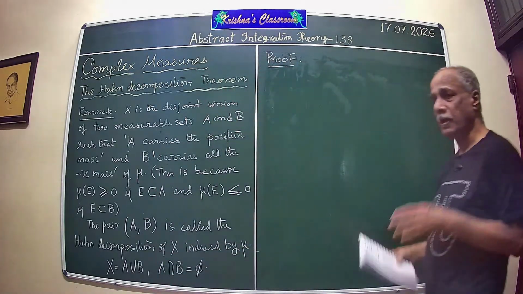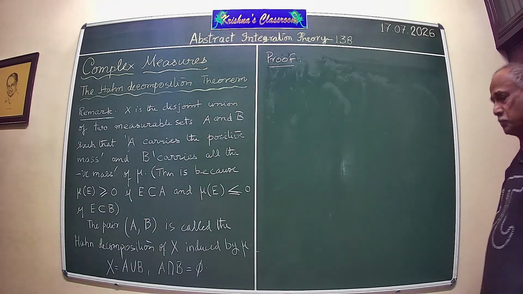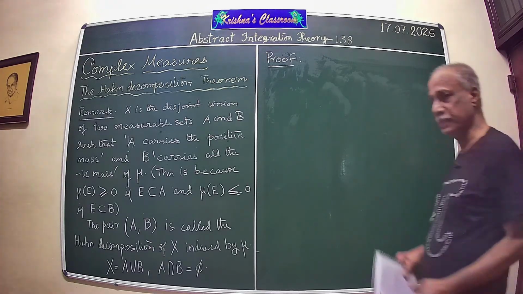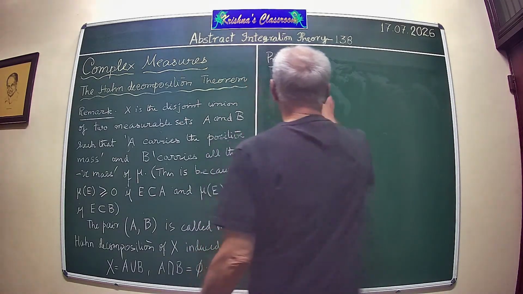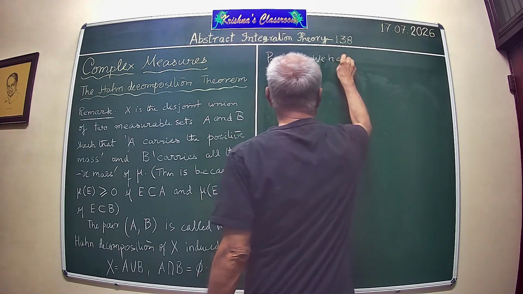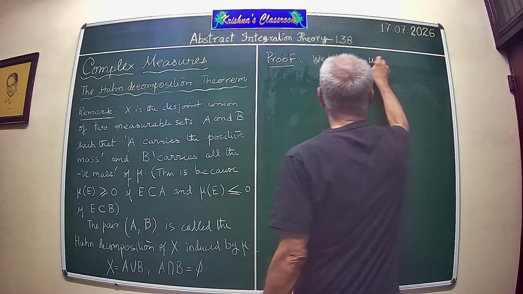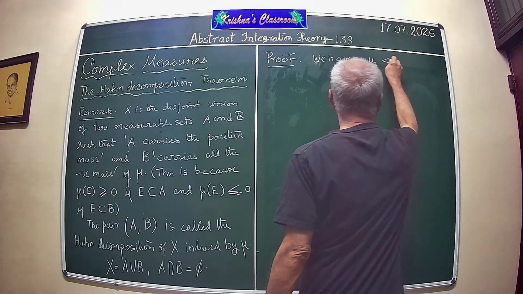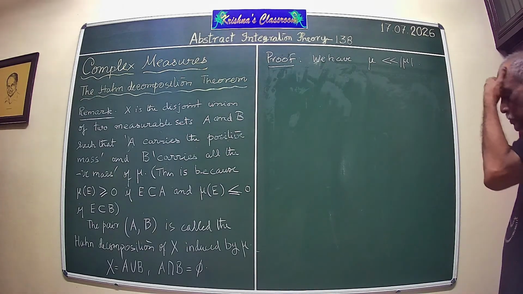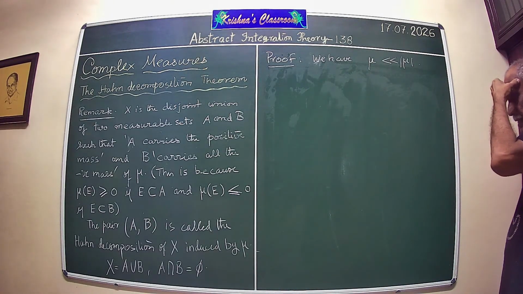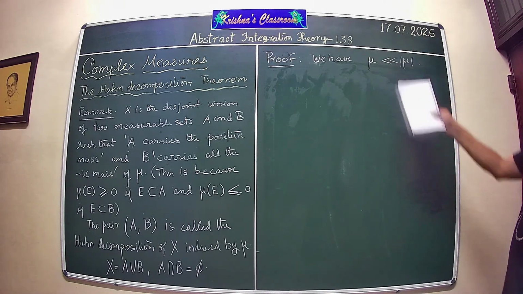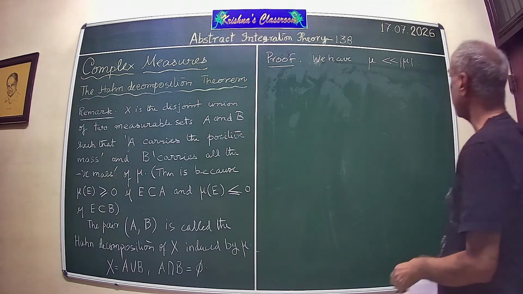Here we use the Radon-Nikodym representation. By the total variation measure, mu is essentially a non-negative measure. Okay, so we have this result that mu is absolutely continuous with respect to its total variation.